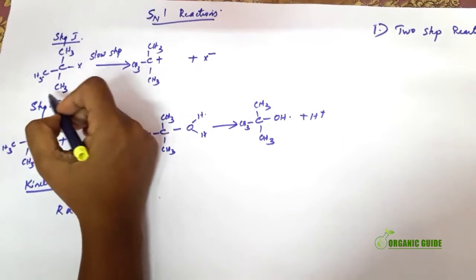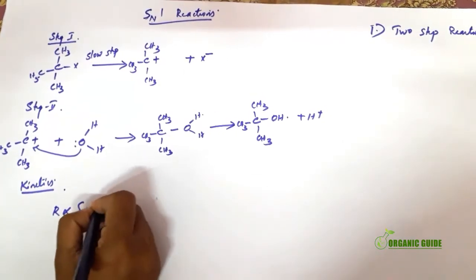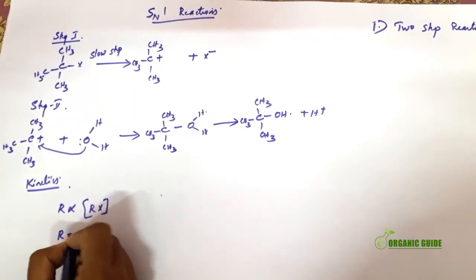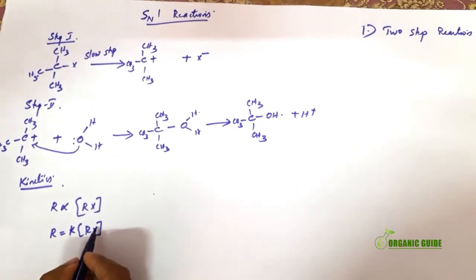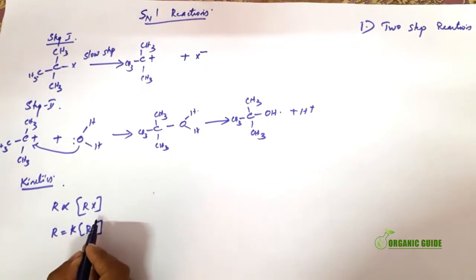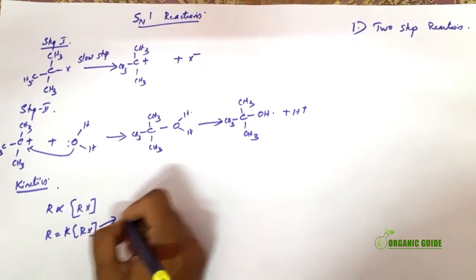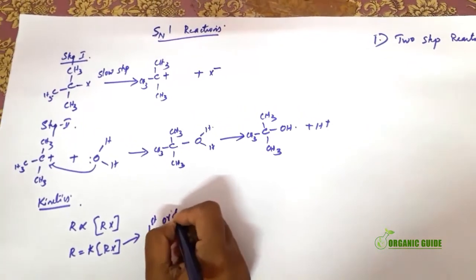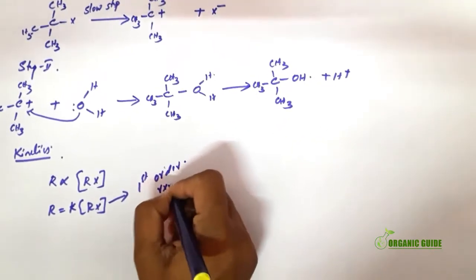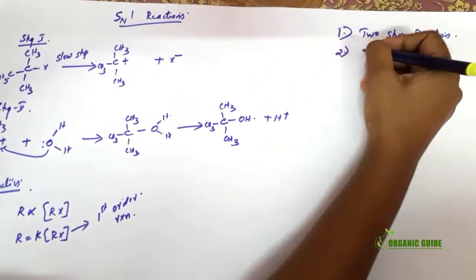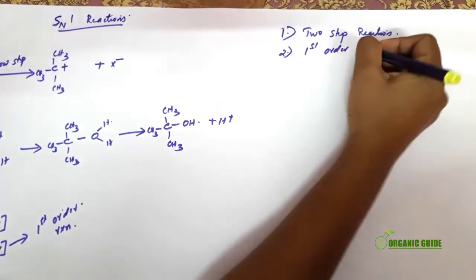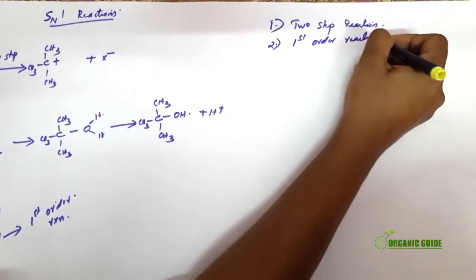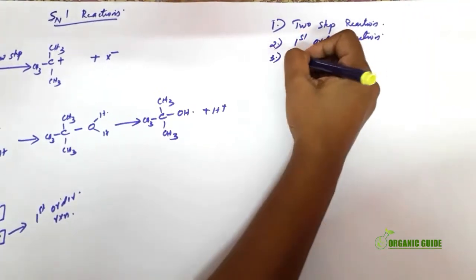So it involves only the concentration of alkyl halide. So rate is equal to k into concentration of RX. This is a first order kinetic reaction. The second characteristic is that it is a first order reaction, and so it is a unimolecular reaction.